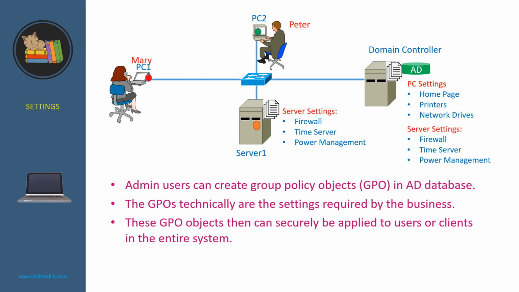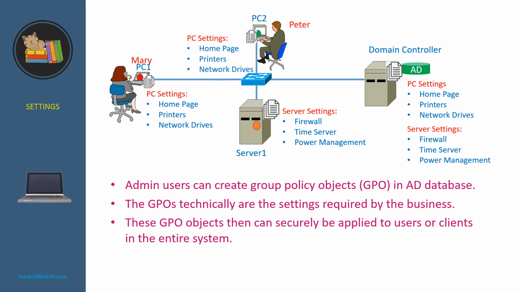Similarly, when PC1 connects to the domain controller, it will get the PC settings, and PC2 will also get the PC settings when it connects to Active Directory. And that is how Active Directory deploys the settings to the clients.